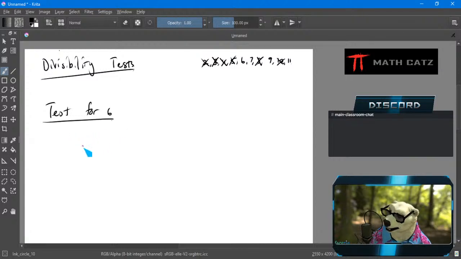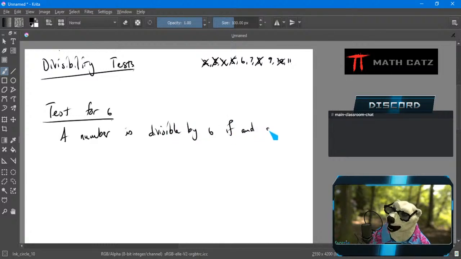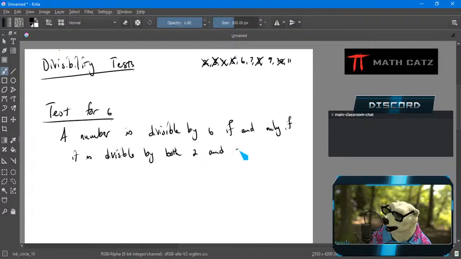Now, the good news is that the test for 6 is quite easy. A number is divisible by 6 if and only if it is divisible by both 2 and 3.